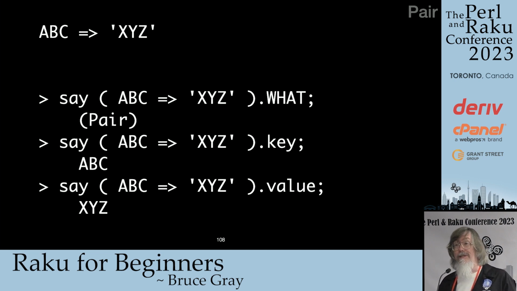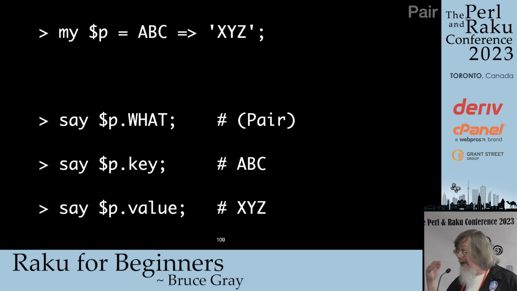Those aren't bare words because they're being automatically quoted by the operator. Just like inside the angle brackets, those weren't bare words. Those were word quoted. Yeah? Yeah, okay. He gets it. But it's a good question.